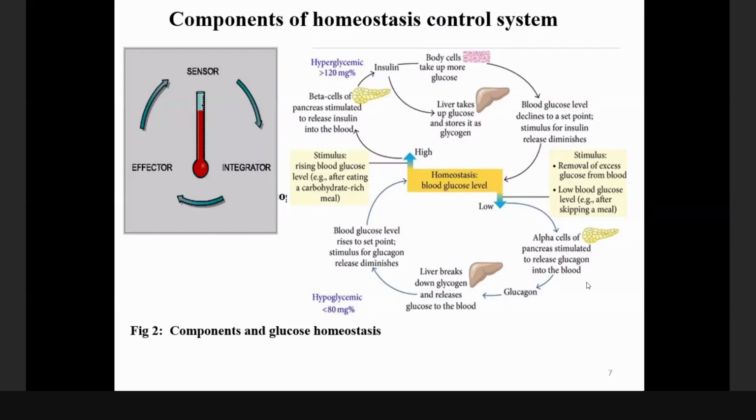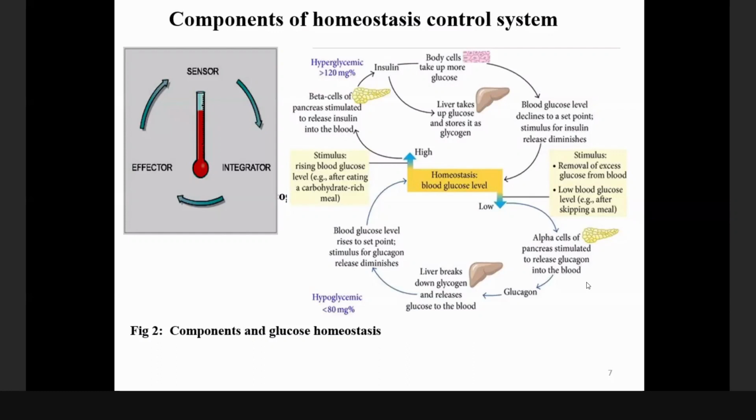That is detected by the sensor. Then when the message gets to the integrator, it should compare the changed value and the normal value, because the body knows that our body temperature is 37 degrees centigrade. Now it is 39. Then there should be comparison. So integrators should compare the set point or the normal value and the changed value.